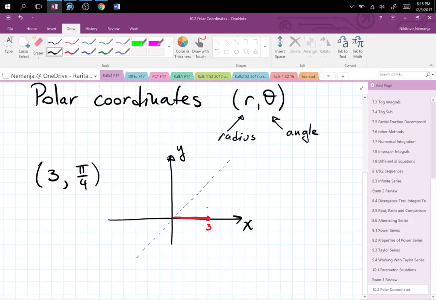So it's going to go like this, and it's going to end up there, and that point is 3, pi over 4.